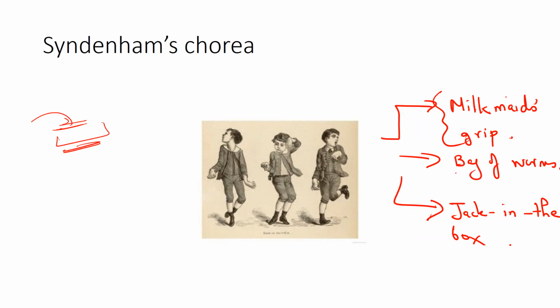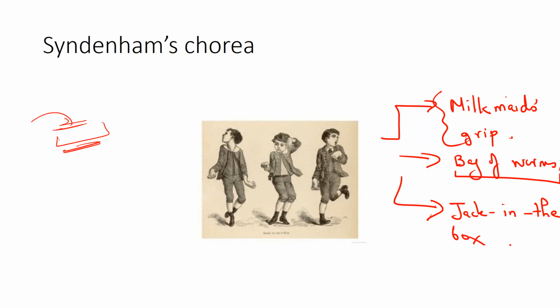Then next is the bag of worms appearance. When you examine the tongue muscles, you will see some asynchronous contraction, just like a bag of worms, a wriggling type of movement.